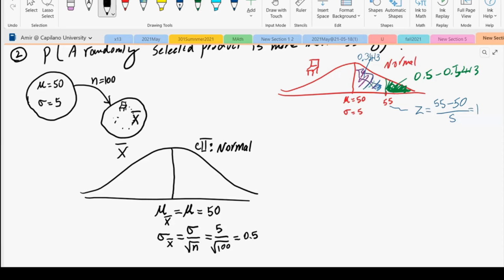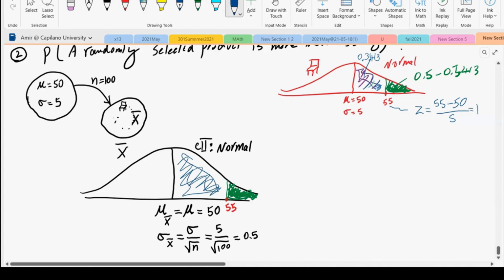Now that we have a normal distribution that we know everything about, the point of interest is 55 and the area of interest is more than this point. We cannot find that area directly, but we can find the other area. To find it, we need the z for 55, which is how far 55 is from 50.